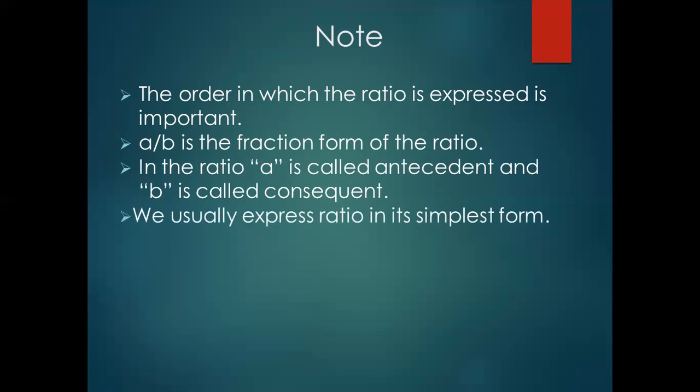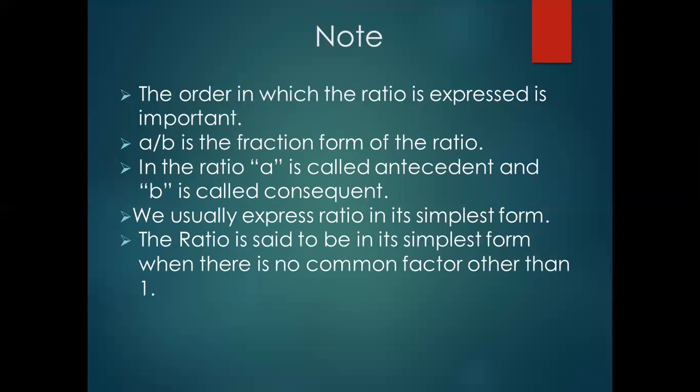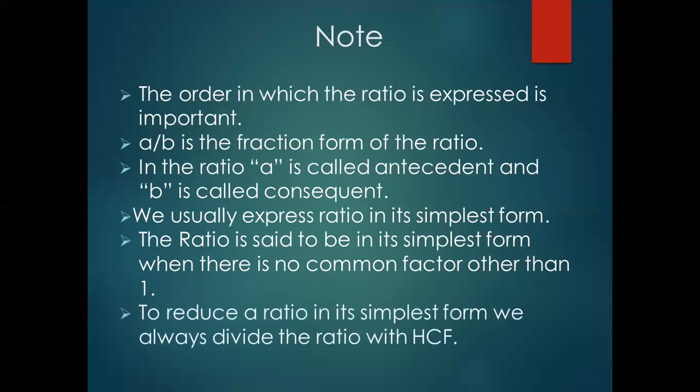We usually express a ratio in its simplest form, as you have seen. A ratio is said to be in simplest form when there is no common factor other than 1. To reduce a ratio to its simplest form, we always divide the ratio by the HCF.